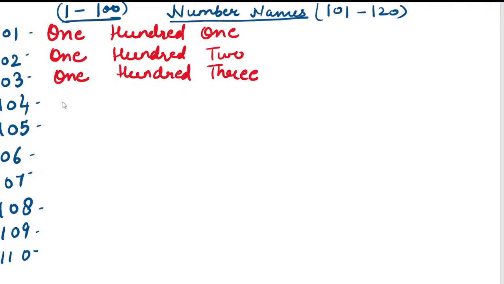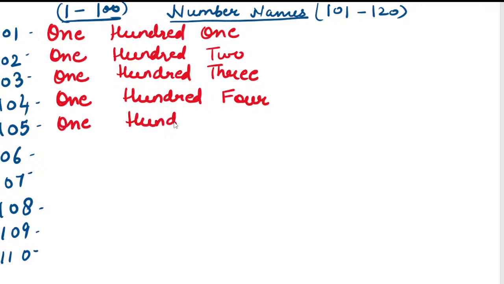Now 104: ONE HUNDRED 100, 4, FOUR. Now 105: ONE HUNDRED 100, 5, FIVE.